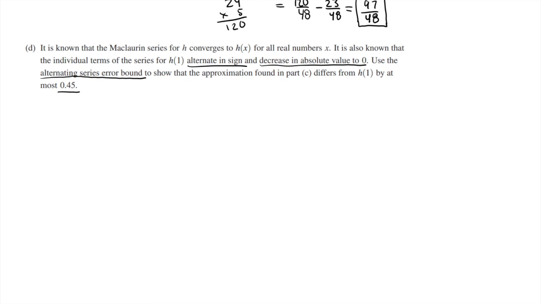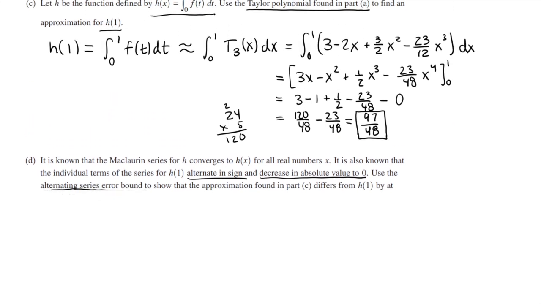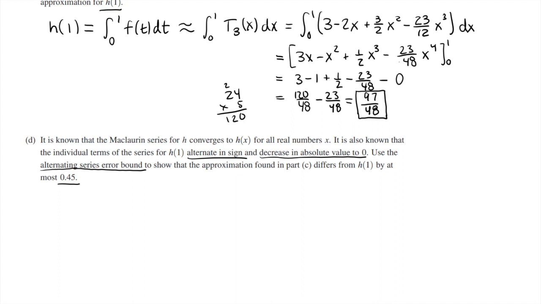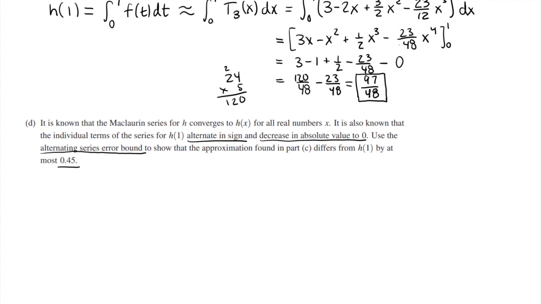The first few sentences, basically all they're telling you is that the series for h of 1 is an alternating series. Notice here the series alternated sign. They're saying it continues to do that if you do the entire series, every power of x.